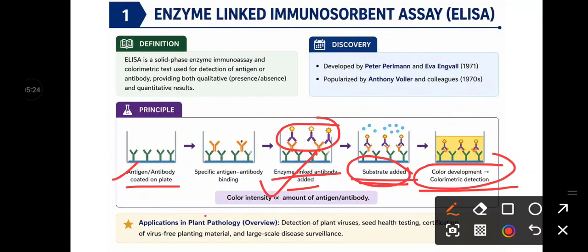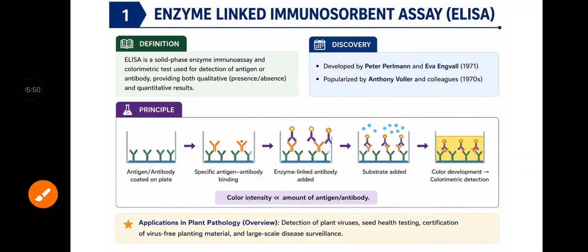If color develops, this is a positive result, meaning the particular antigen or antibody is present, and the intensity of color will give the idea about the amount of antigen or antibody. So this is about the definition, discovery, as well as the principle behind enzyme linked immunosorbent assay.